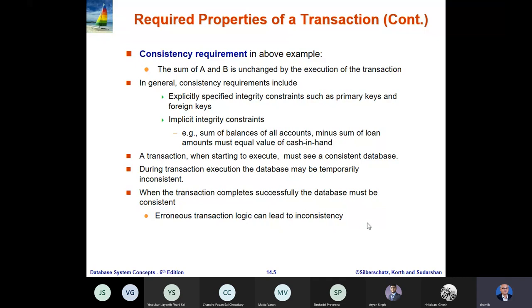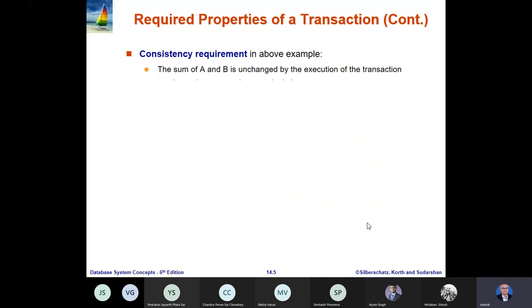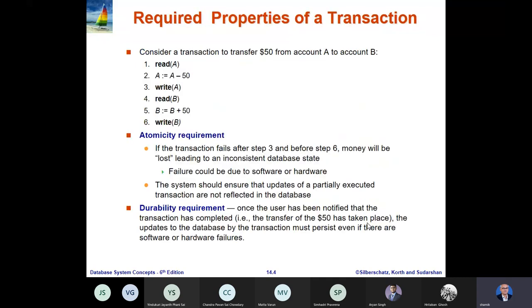So even in this example, if the programmer wrote A equal to A minus X and B equal to B plus 2X, but if we have a constraint that the sum of the balances always will be equal to the same value even after these types of transaction, then of course that B equal to B plus 2X also will not be allowed by the database, right?